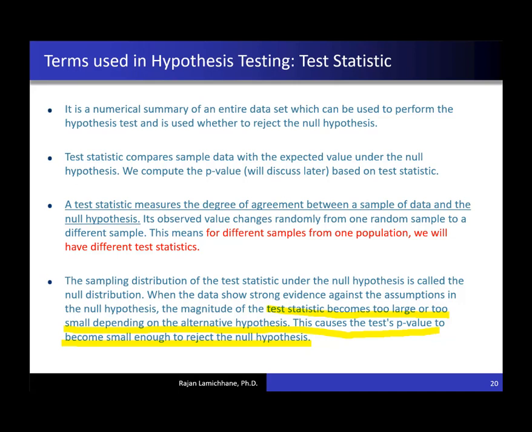You can think of a test statistic as a single value that compares the relevant outcome from the sample data to the value from the null distribution, meaning the distribution of the sample under the null hypothesis. It compares the sample data with the expected value under the null hypothesis, and we can compute the p-value based on this test statistic.